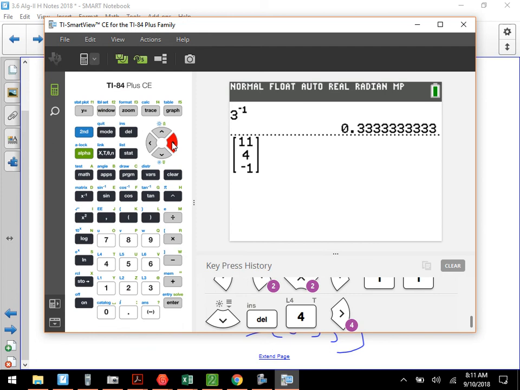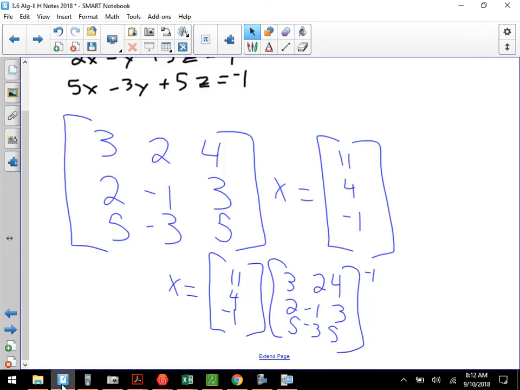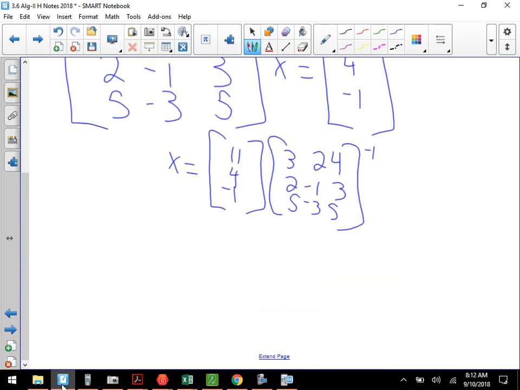It has to be backwards, doesn't it? The 3 by 3 has to go first because 3 by 3 row 3. Yeah, okay. I just caught my mistake here. When you do this in the calculator, the 3 by 3 goes first. Inverse of the 3 by 3, then you multiply it by the column.